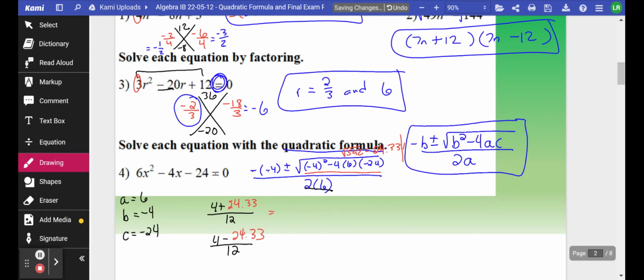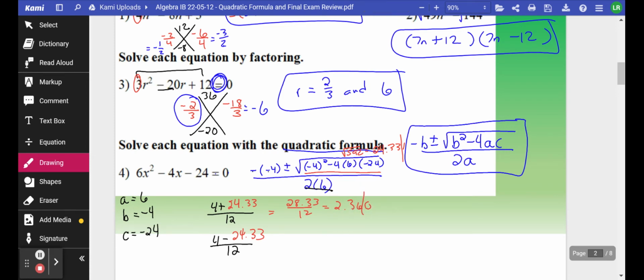Okay, now add these up. I get 28.33 divided by 12, and I get 2.360.